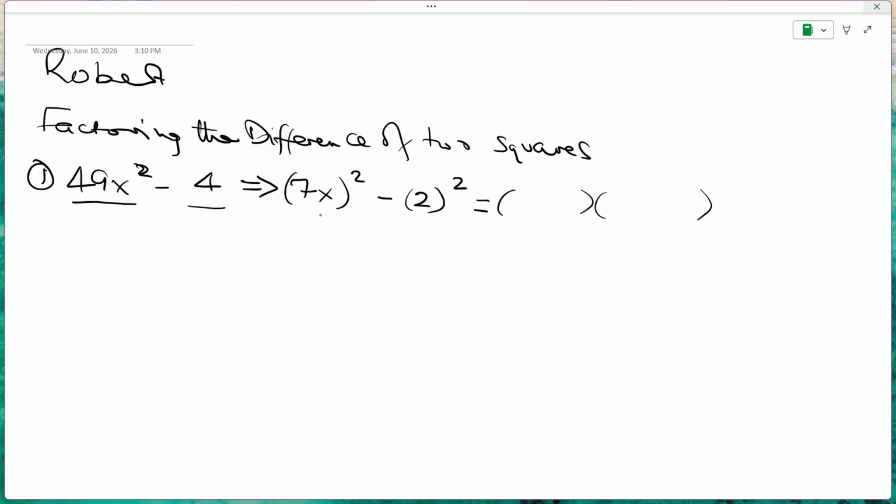So in this case, we take 7x here, and we say minus 2. And then in the next one, we take again 7x, but this time it will be positive 2. So always, whenever you have a difference of squares, you can actually multiply these two parentheses together, conjugate expressions, and get back your original expression.